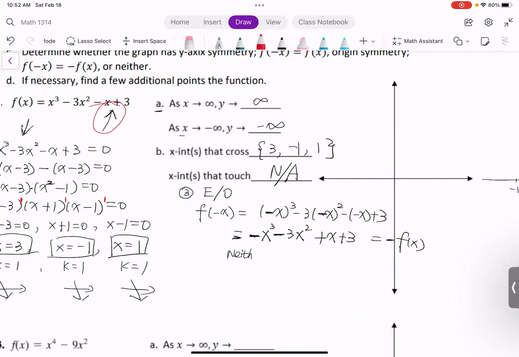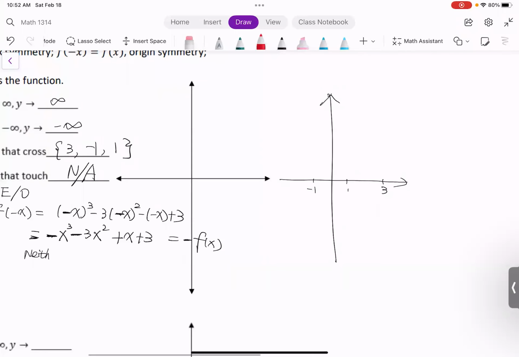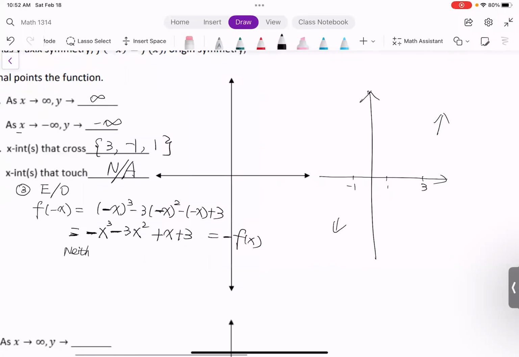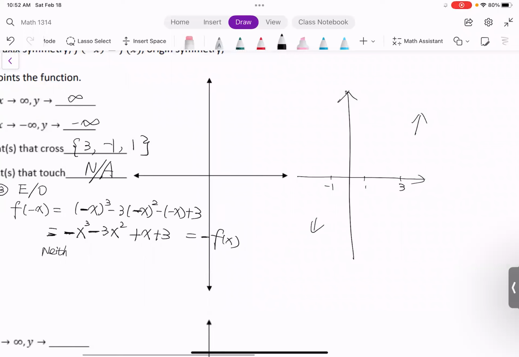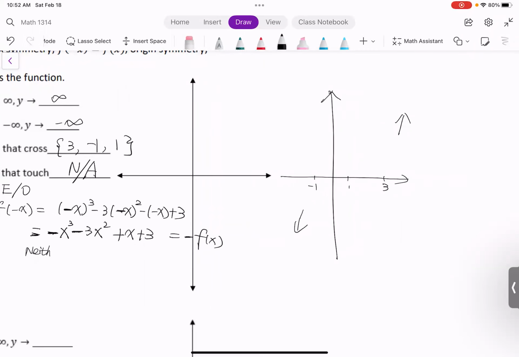We put going up and going down. At the points -1, 1, and 3, they all cross. But this is not that accurate, because if I find a point between these 3 key points, I can graph more accurately.